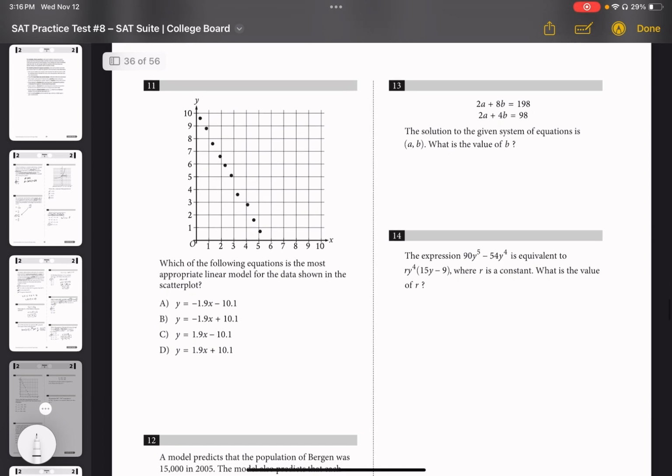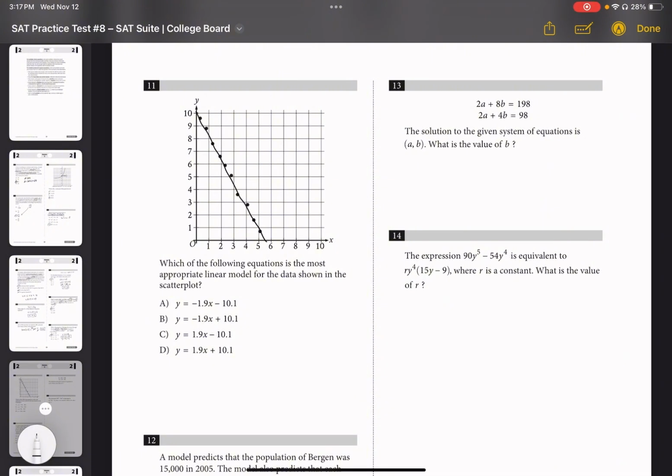Question 11, which of the following equations is the most appropriate linear model for the data shown in the scatter plot? Okay, so let's just draw a line through the data points. Did that as straight as I could, so I know it's not very good, but it's asking for a linear model.